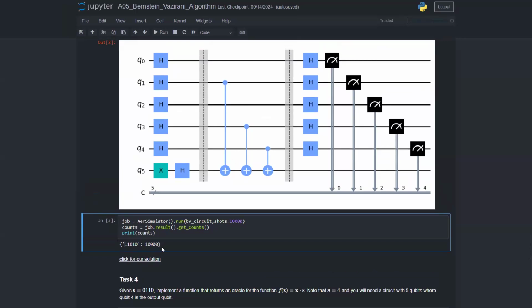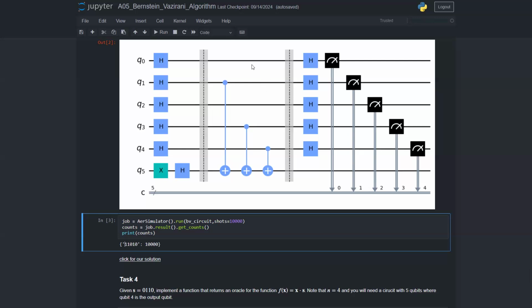Or rather, well, we're numbering from 0, so this would be 0, 1, and 3. However, we're ordering from the back because of Qiskit's ordering. So 0, 1, and 3. So why are we putting the CNOTs?